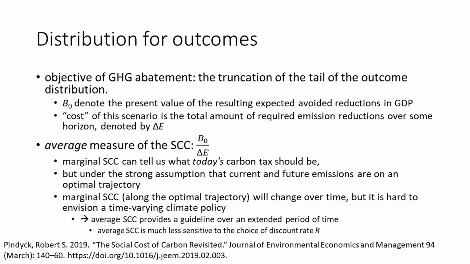So it still says that, okay, to cut down the possible losses, we have to cut back emissions as well. So that's why, to represent this trade-off, this is the average measure of the social climate cost. And this is what defines what should be today's carbon tax and also the future carbon tax.